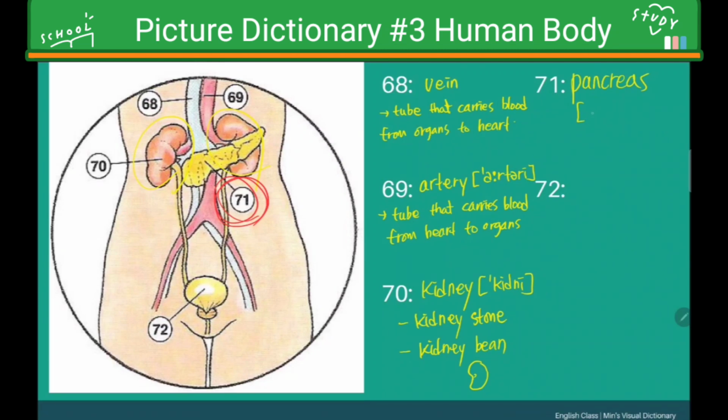The spelling is like that, and the stress is on the first syllable. So pancreas. This organ is very important because it produces insulin.